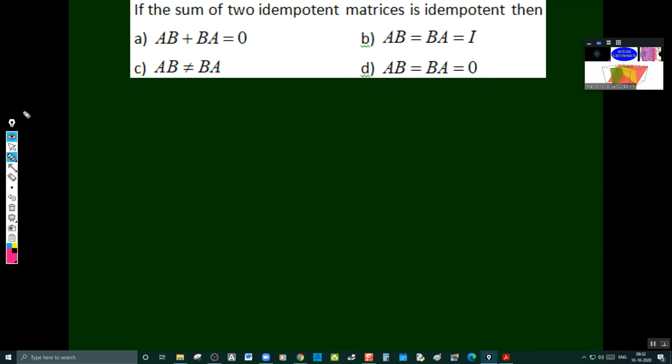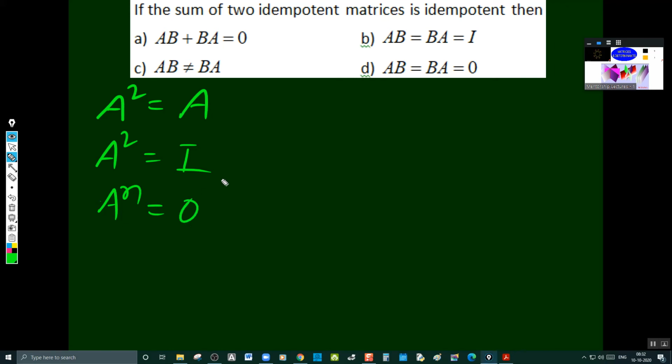When the matrix power is raised, you have one case, A square is equal to A. You have one more case, A square is equal to I. You have one more case, A power n is equal to 0. Because based on this question, I am revising the related theory so that the entire theory or concepts will be revised.